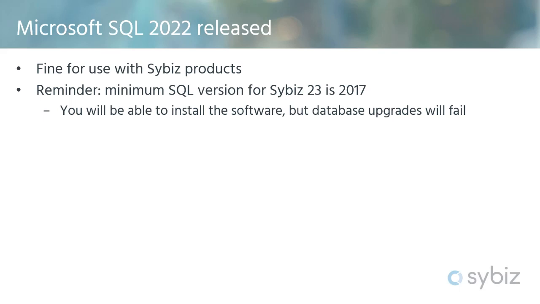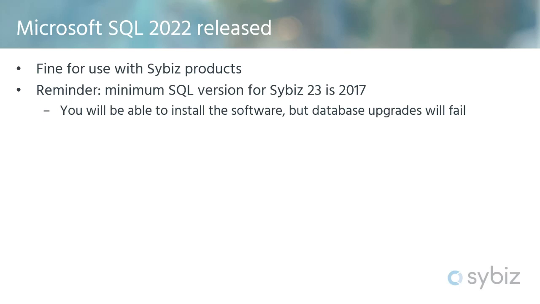We do recommend that you go to Microsoft SQL 2022 as it's just been released, and it'll give you longer future proofing for when we upgrade the minimum versions again down the track. You'll have a longer period of time remaining on that now current version.